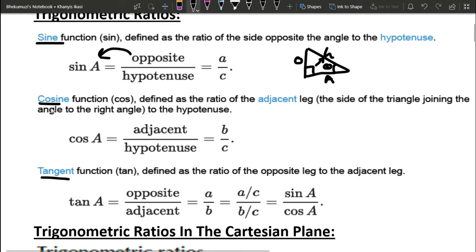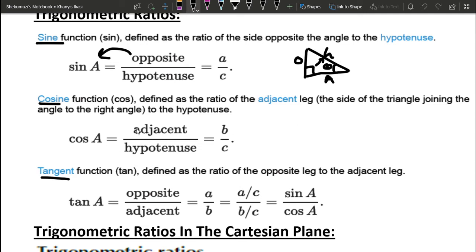Then we also have the cosine function, defined as the ratio of the adjacent leg, or the side joining the angle to the right angle, to the hypotenuse. The adjacent is basically A here, the side adjacent to the angle, and there's the hypotenuse.